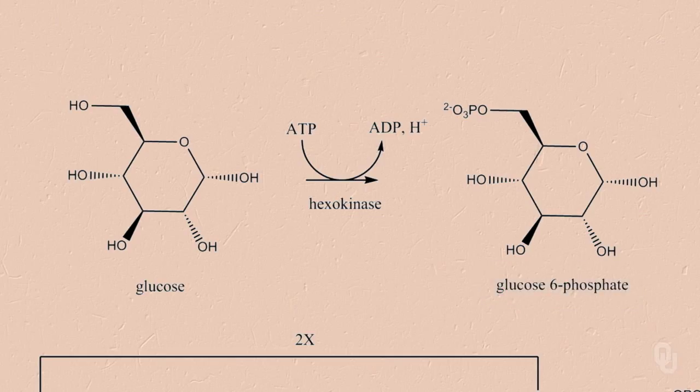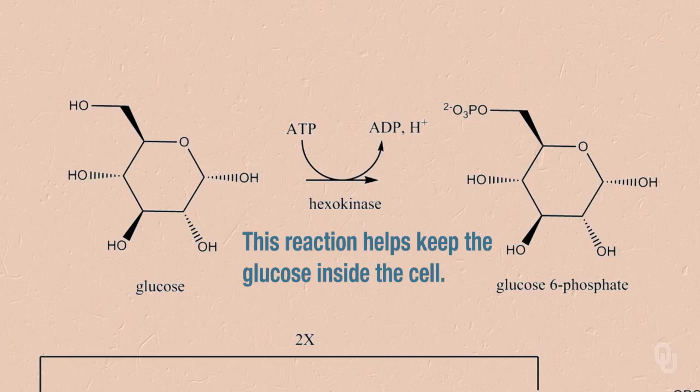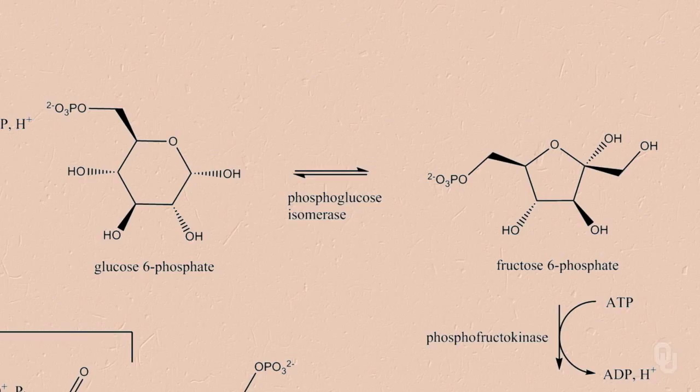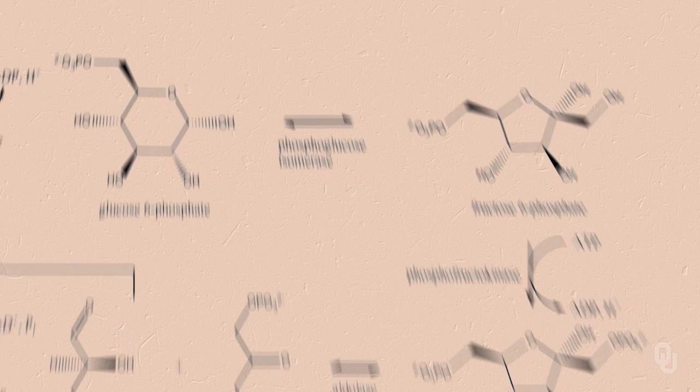One of the things that this reaction does is it helps keep the glucose inside the cell, because in its phosphorylated form, it cannot pass through the glucose transporter. The next reaction is an isomerization reaction, and it converts the glucose 6-phosphate to fructose 6-phosphate.